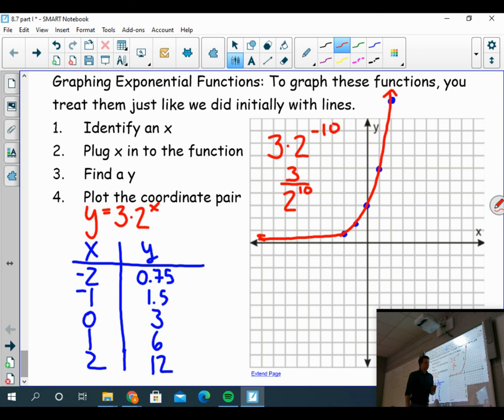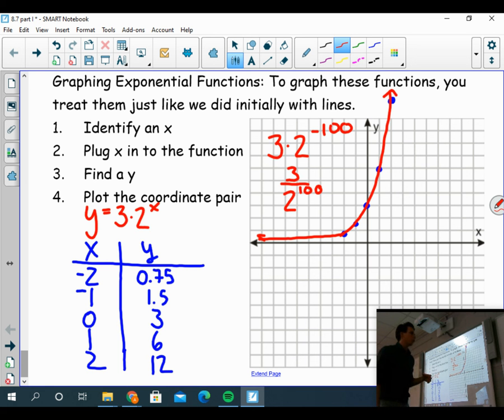Well, we don't know what 2 to the 10th is off the top of our head, but it's a really, really big number. 3 divided by a big number is going to be a really small decimal that's close to 0, which is why this red line looks like it's getting closer and closer to 0, but doesn't get there, right? If I plugged in negative 100 for x, that would be 3 over 2 to the 100, okay? Again, you're going to get an incredibly small decimal that's really close to 0, but isn't quite there. That's why this red line goes down, but it never crosses the axis, because of our idea of negative exponents.